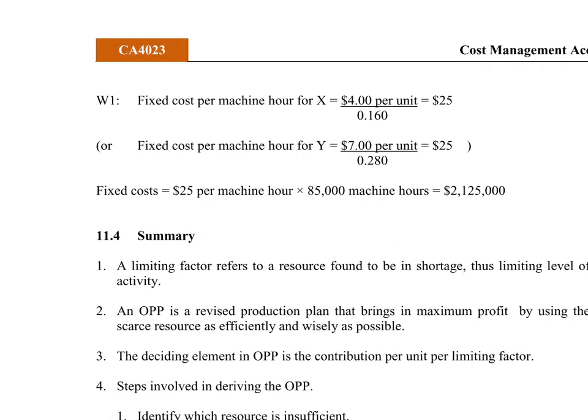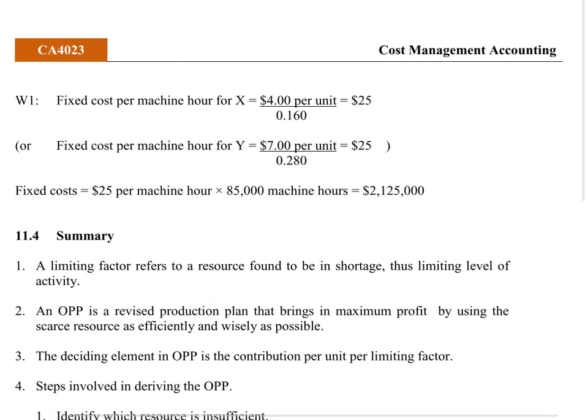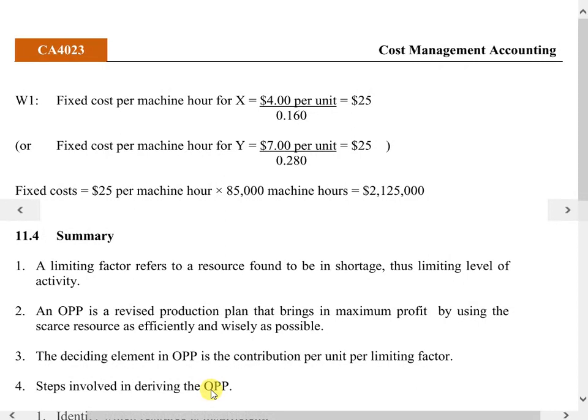Very confusing. So the fixed cost per machine hour is $25, and we have in total 85,000 machine hours. Therefore, the fixed cost is 2,125,000.